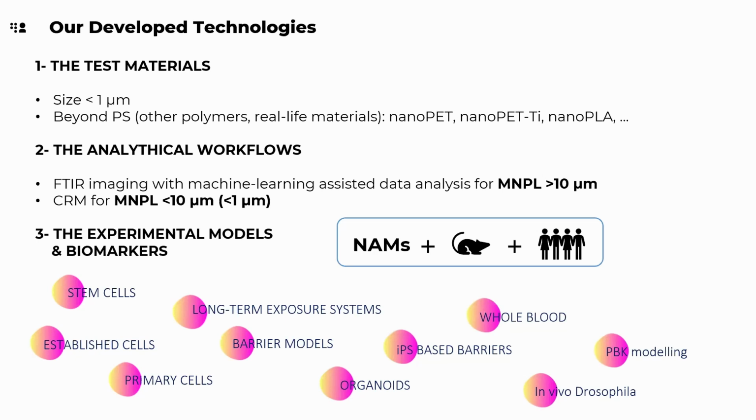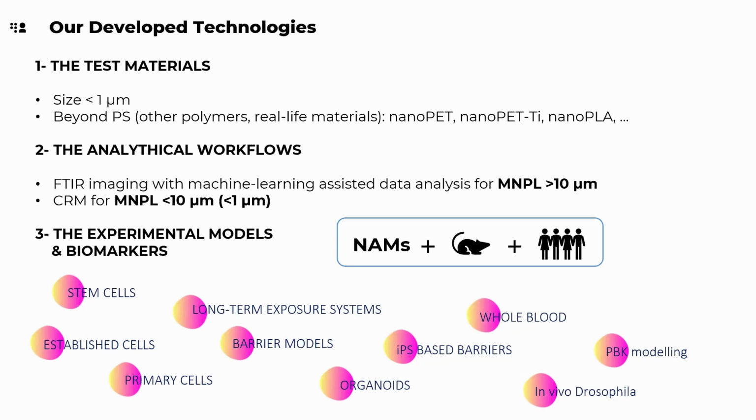And then we adapted and explored how to apply these models to plastics. And you have there a plethora of different new approach methodologies that we have adapted and adjusted for the study of plastics, from stem cells to established cell lines, primary cells, different barrier models of different complexity, the long-term exposure system, organoids, the ex vivo blood, an alternative animal model, which is an invertebrate, Drosophila, and also some in silico modeling.